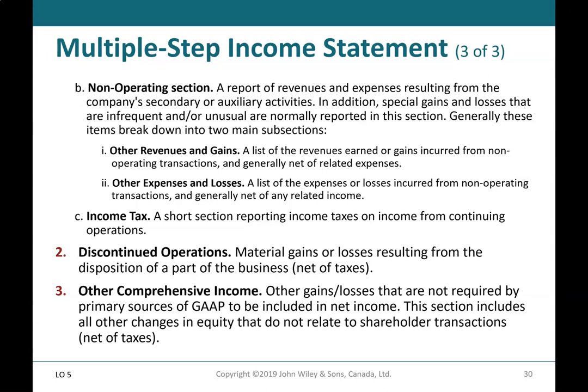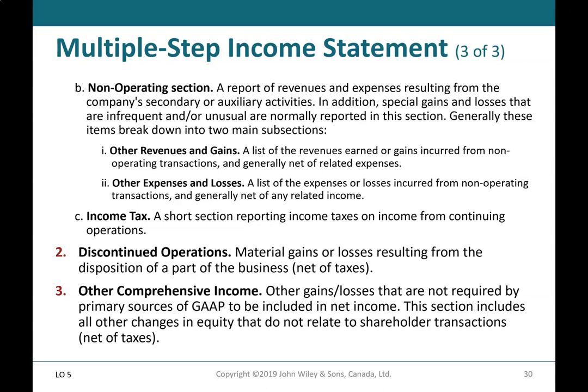Multiple-step income statement 3 of 3. B. Non-operating section. A report of revenues and expenses resulting from the company's secondary or auxiliary activities. In addition, special gains and losses that are infrequent and/or unusual are normally reported in this section. Generally, these items break down into 2 main subsections. 1. Other revenues and gains.